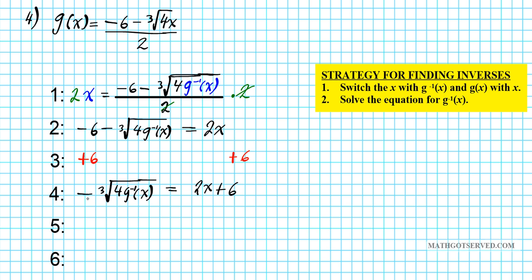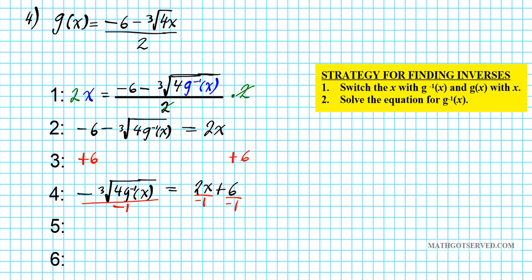Okay, now this negative, we can easily address that by multiplying both sides of our equation by negative 1 or by dividing by -1, we accomplish the same goal. Okay, so let's just divide by -1. Divide everything by -1 to address the negativity on the left side of our equation.